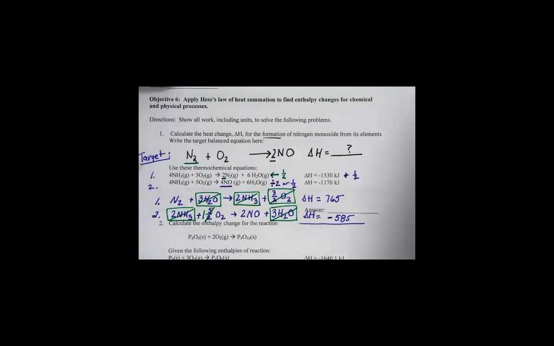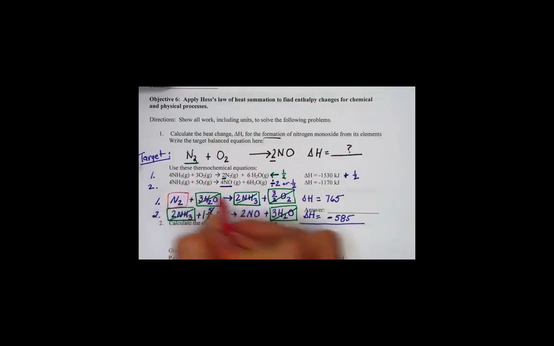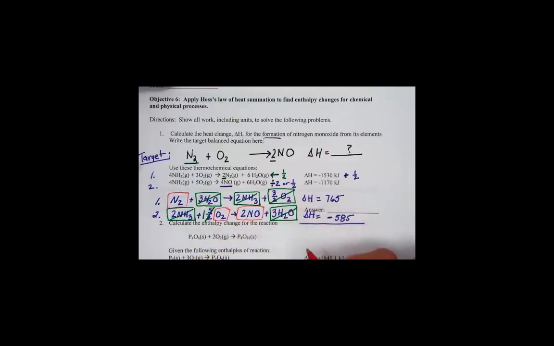And look what we've done. We have taken N2 plus 1 unit of O2 to form 2 units of NO. And that indeed is our target equation. The only thing left to do is to add the new values of the delta H's.